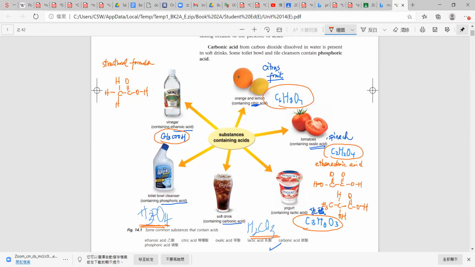We will have got this C and then OH, and with that COOH, and we have got this CH2 and then COOH, and another one is just CH2 here, and then we've got a COOH. Can you see that? So that we would have it C6H8O7.